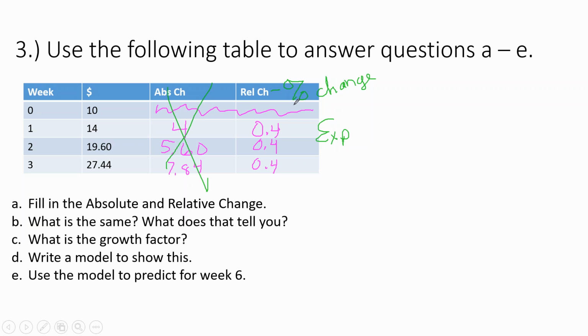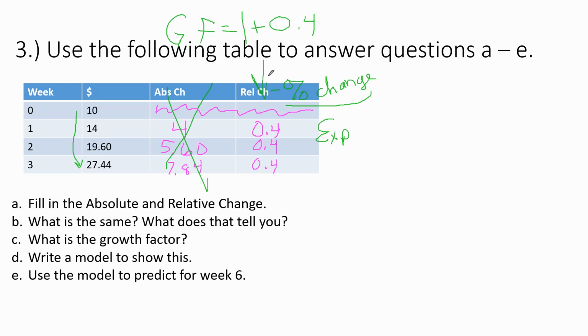Okay, so percent change is 0.4. It's positive, and you can see that these numbers are getting bigger, so you know that you're going to have a growth factor. Both of those things tell you it's a growth factor because, one, your relative change is positive, and two, your numbers are getting bigger. So growth factor is 1 plus your percent change or percent increase, which is, in this case, the 0.4.